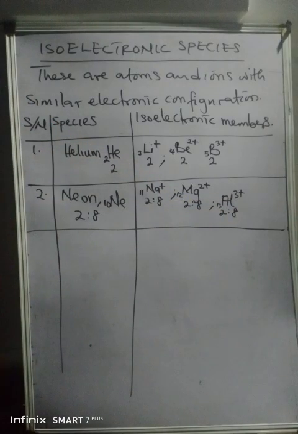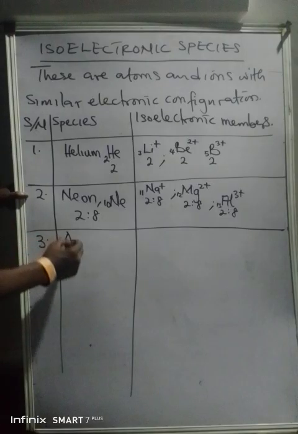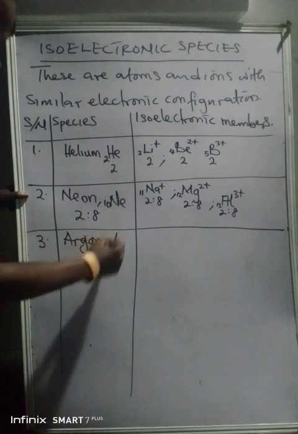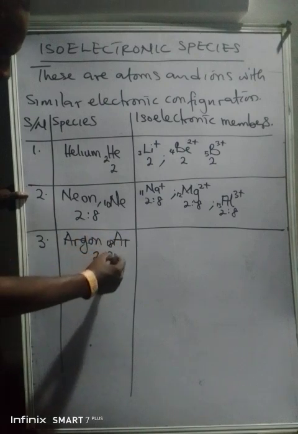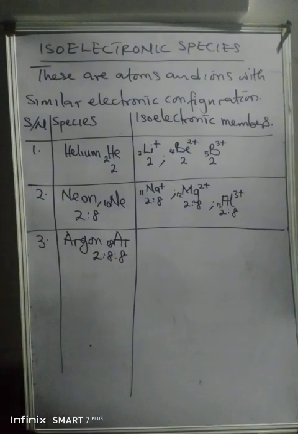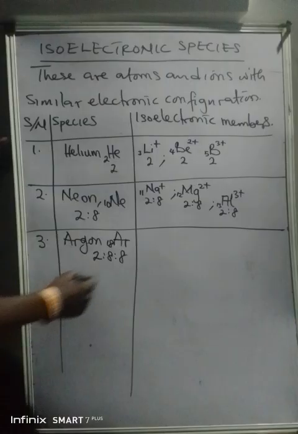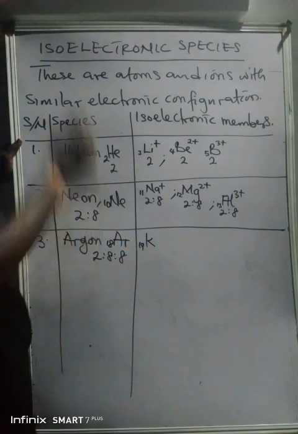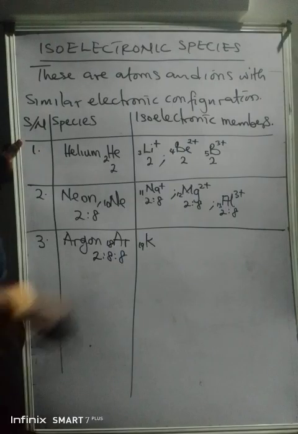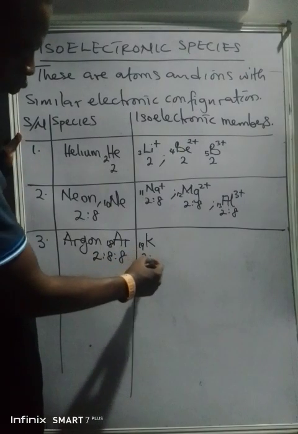Are we together? Then another one is argon, Ar18. Configuration of it is 2, 8, another 8. So what are the species that are isoelectronic with argon? We have potassium 19.